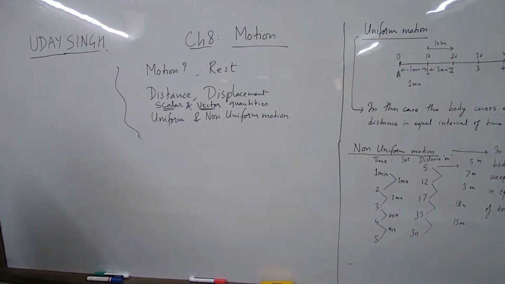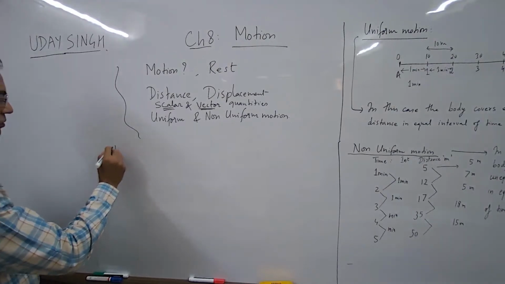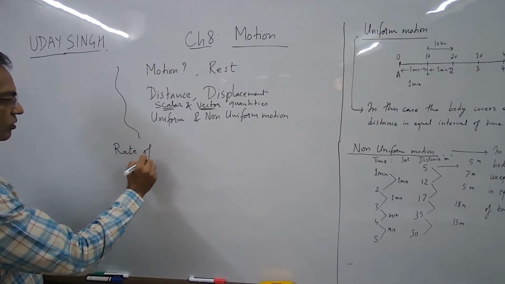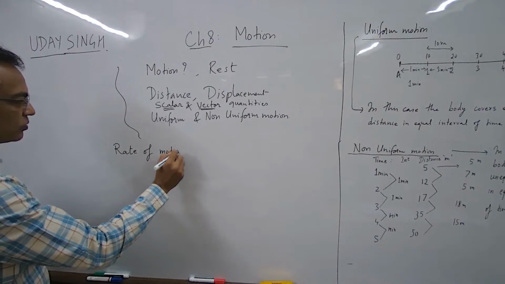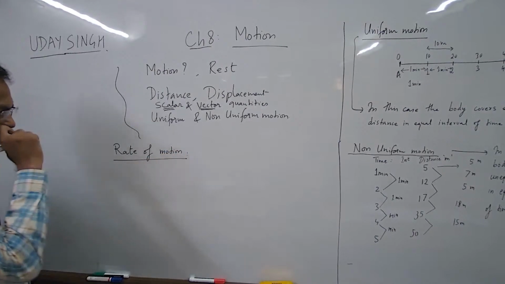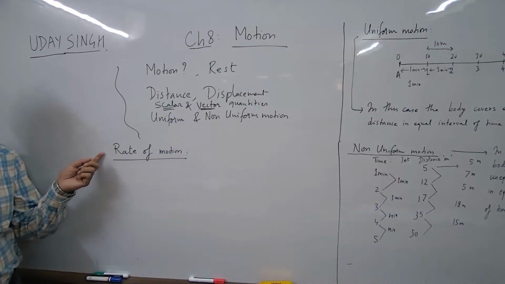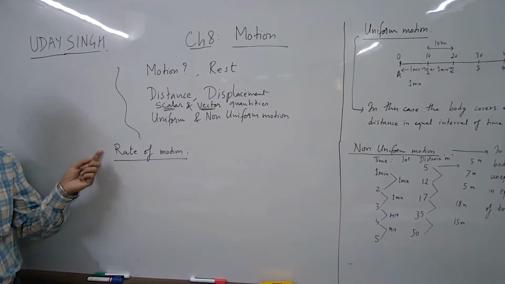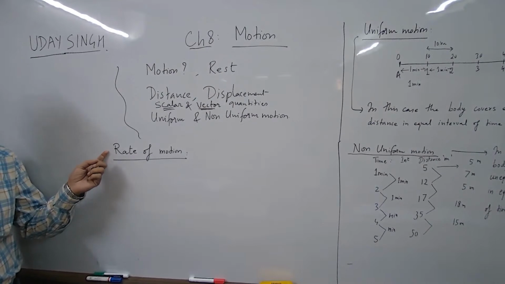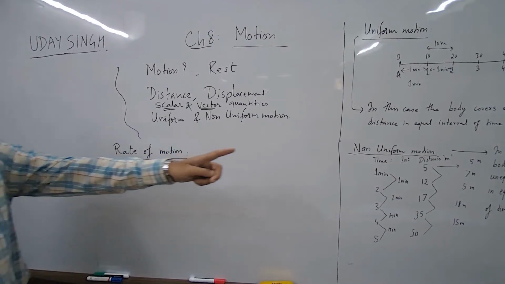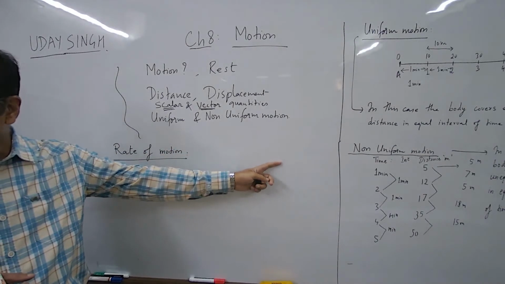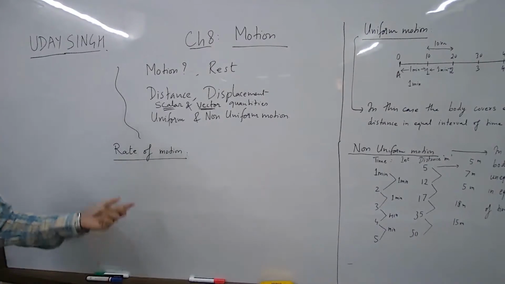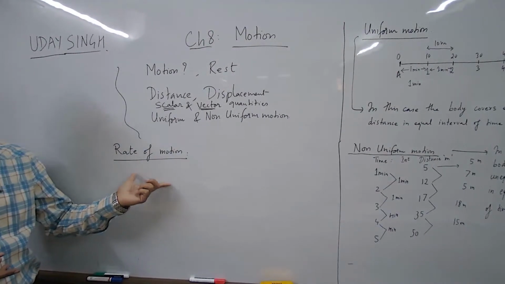Hope it is clear. Now we define rate of motion. So whenever we bring rate, whether it is physics or mathematics, right? It has got something to do with time. So we are talking about motion, that is distance covered, right? So how much distance is covered in unit time?